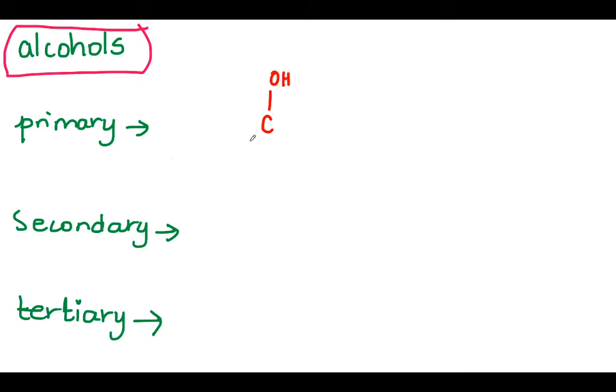If this is a primary alcohol, then the first carbon, the carbon that the OH is attached to, will be attached to another carbon, okay? And the other 2 will be hydrogens. So because there's 1 carbon that this carbon is attached to, this is what we call a primary alcohol.